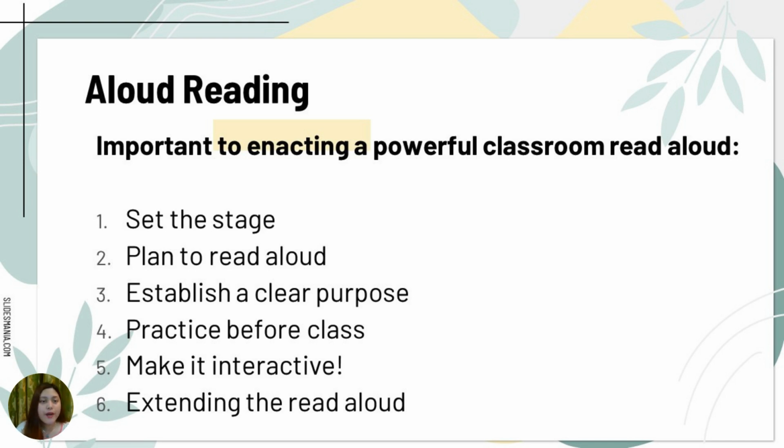Next, number four, practice before class. Remember, one of the most important goals of a read aloud is to model fluent reading. Yet, many teachers choose books to read aloud without practicing, and as a result, mispronounce names or words, stumble, make mistakes, and are caught off guard by unexpected events in the story.